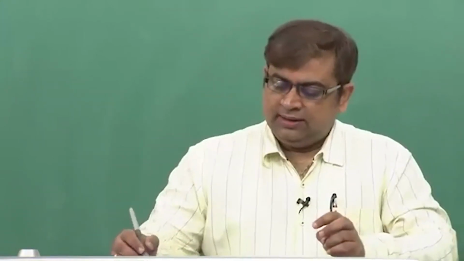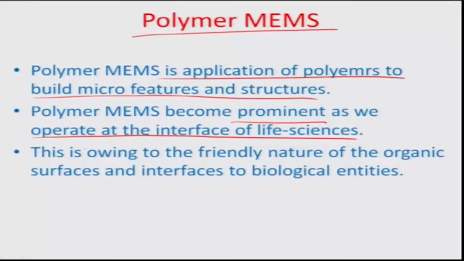So therefore the induction of polymers automatically comes in because of this issue about compatibility of the biological systems, and so basically it gives a friendly nature to the interfaces of the biological entities, and that is why organic surfaces or polymers are quite preferred.